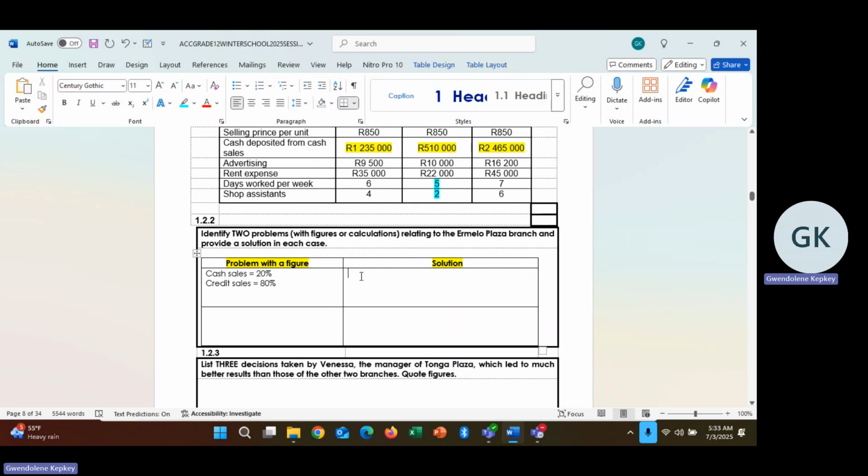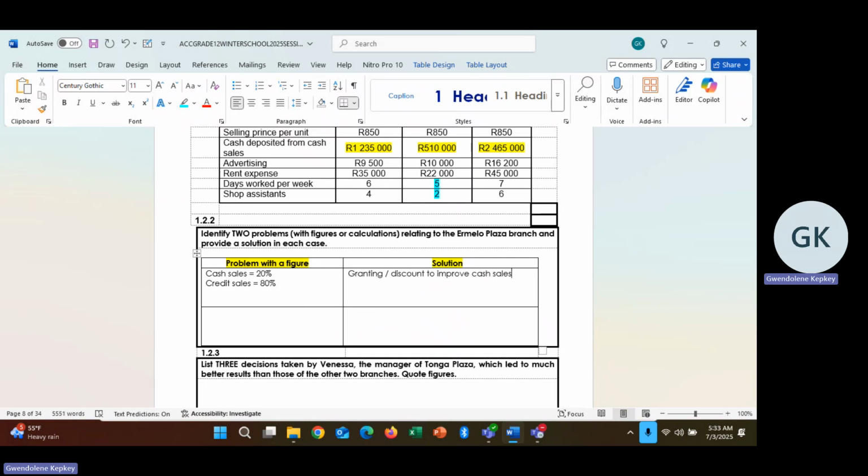You could look at granting a discount or selling the goods at a discount price to improve your cash sales.